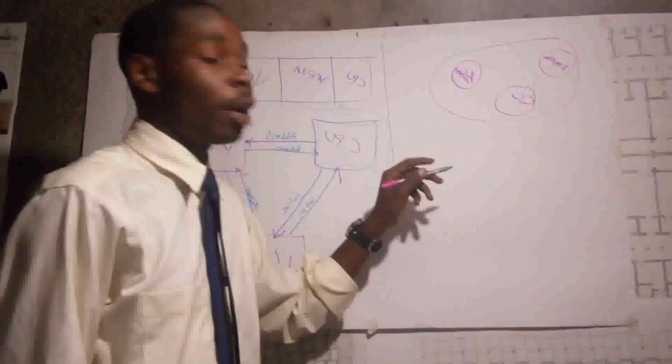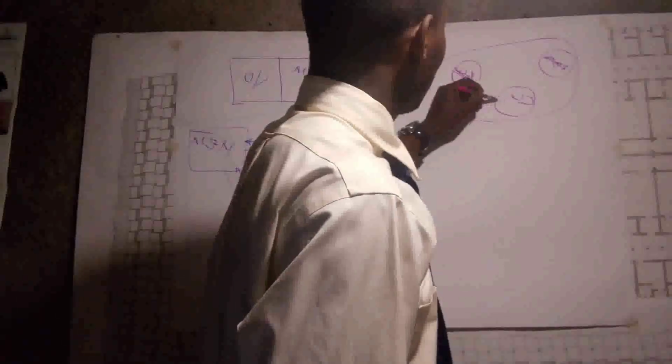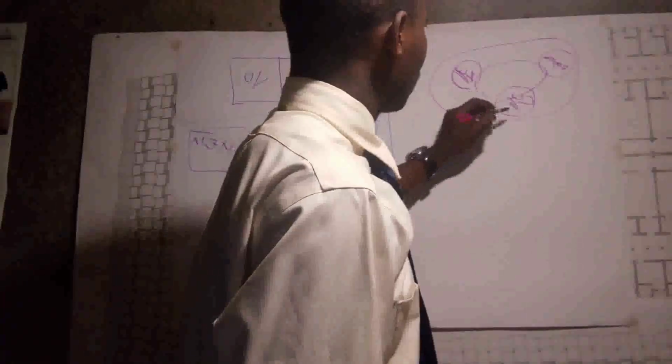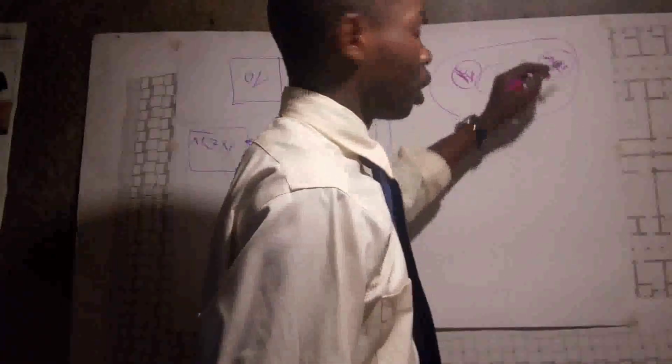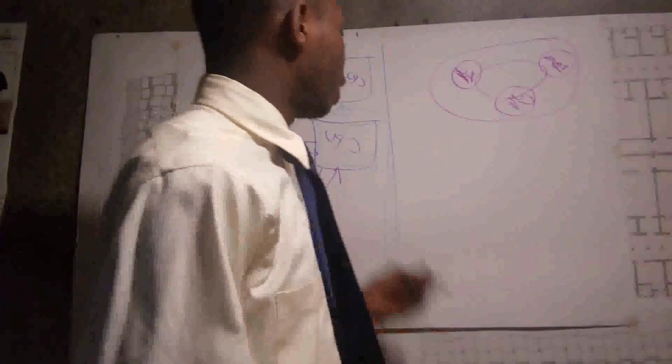After this, we have the system bus, or interconnecting bus, connecting these three: the control unit, the ALU, and the registers.